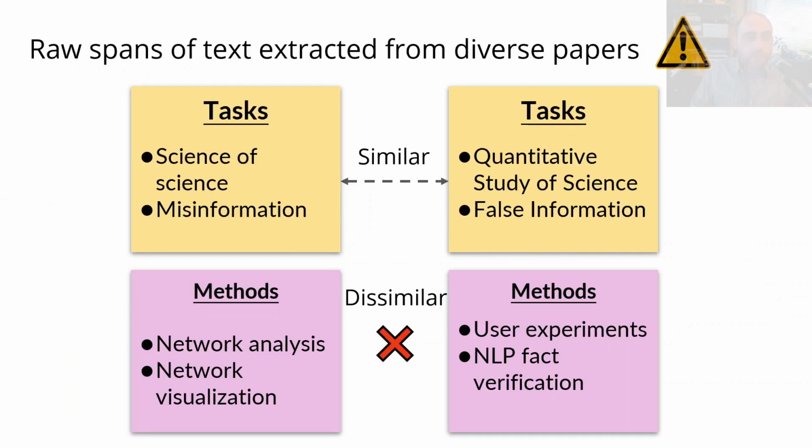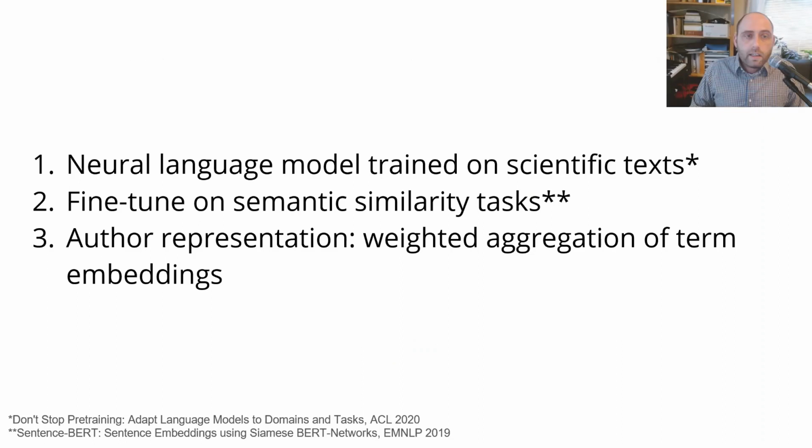As an important technical note, measuring the similarity between raw spans of text extracted from papers is far from trivial. In this work, we apply an approach that worked well in our experiments. We take a language model trained on many scientific papers and fine-tune it on semantic similarity tasks to make the language model representation more suitable for measuring distances between spans of text.